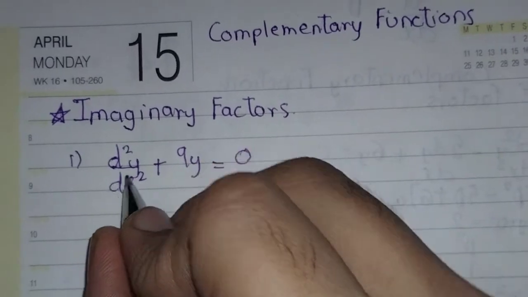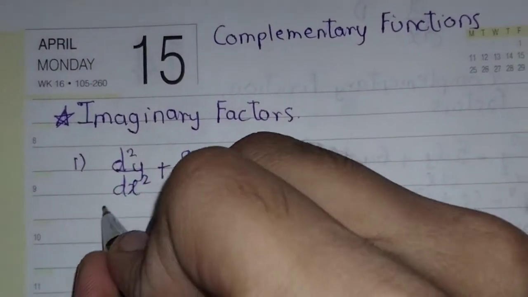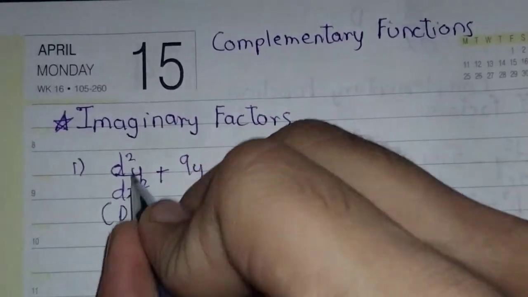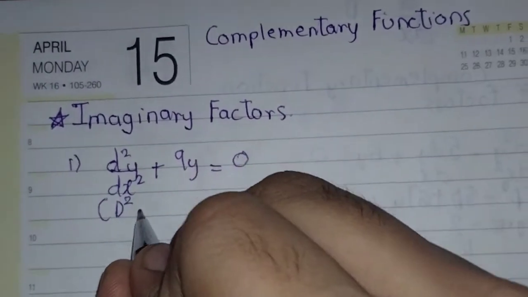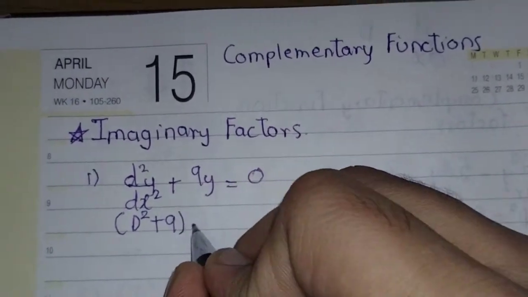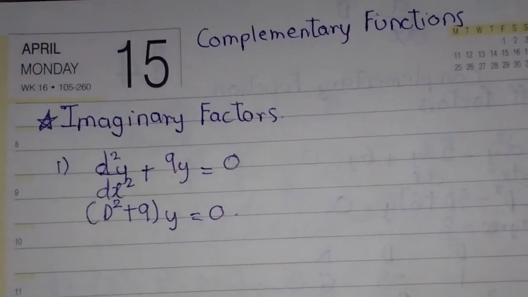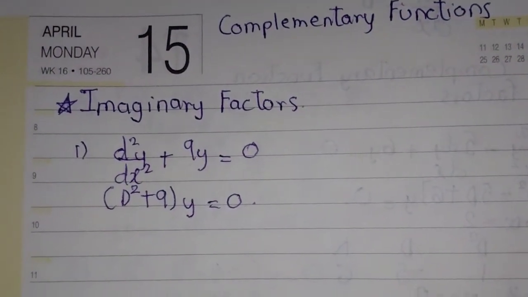Now, as per the normal rule, we have to replace the d by dx term with capital D. The power here is 2, so writing here D squared and taking y common, plus 9, taking y common is equal to 0.